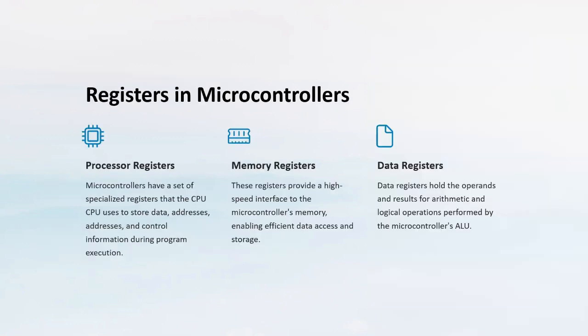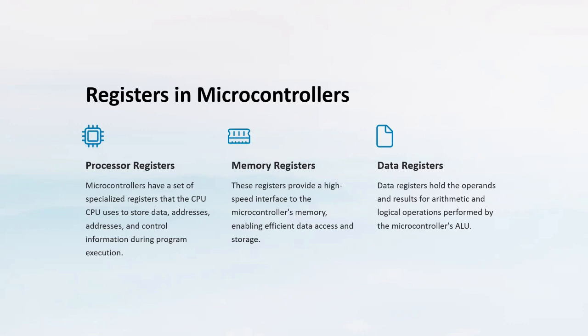Let's see what are the different types of registers we find in microcontrollers: processor registers, memory registers, and data registers. So there are three types. The first type, processor registers. Microcontrollers have a set of specialized registers that the CPU uses to store data, addresses, and control information during program execution.